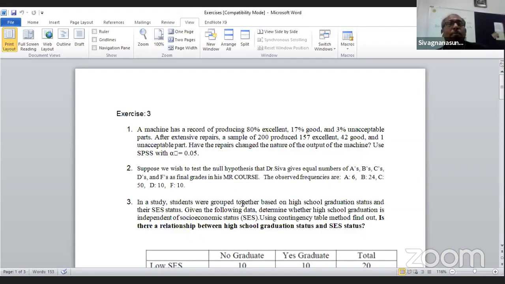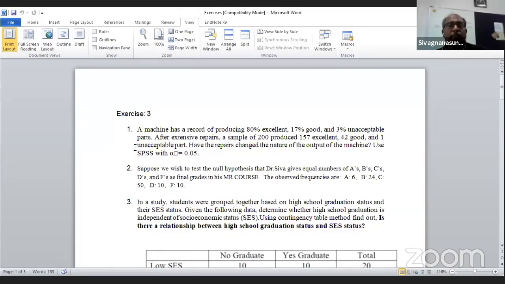Look at the problem. Hope you can read the screen. The first problem: a machine has a record of producing 80% excellent, 17% good, and 3% unacceptable parts. After extensive repairs, a sample of 200 produced 157 excellent, 42 good, and 1 unacceptable part.